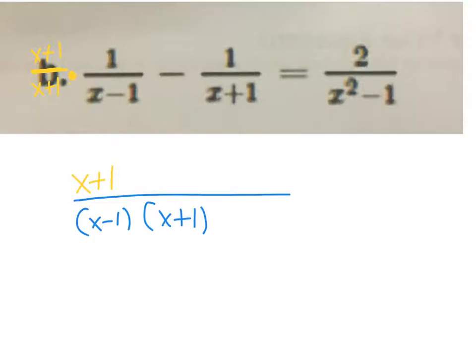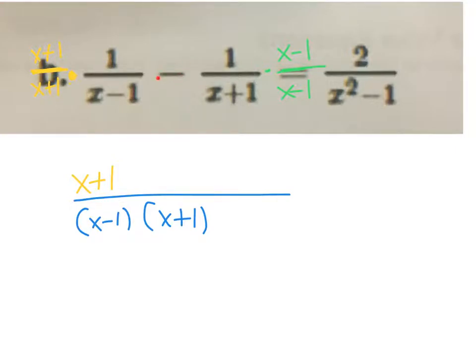And now let's look at the one on the left. Sorry, still on the left, but the right one of the ones on the left. Let me circle it. I'm looking at this one. It has a denominator of x plus 1. Now I want it to be x minus 1 times x plus 1. That means I need to multiply that denominator by x minus 1, and I have to also multiply the numerator by x minus 1.